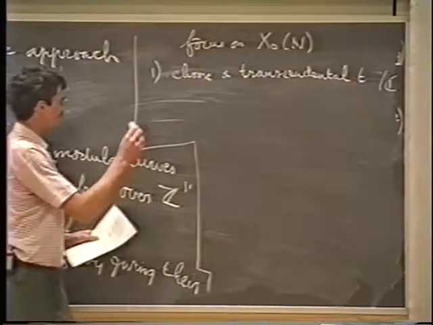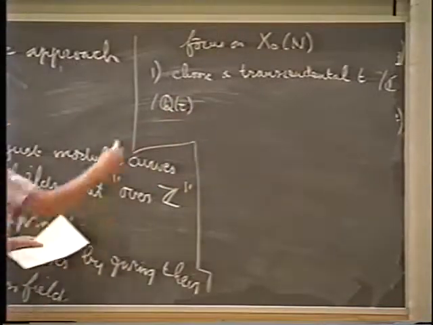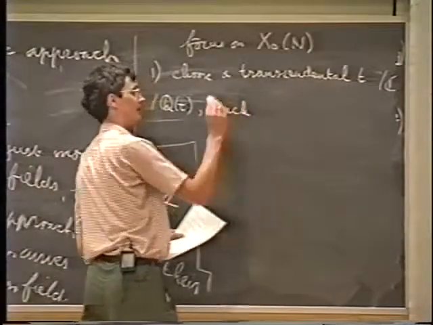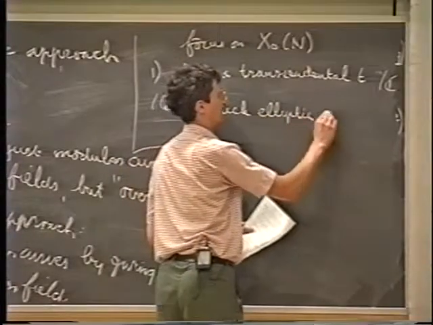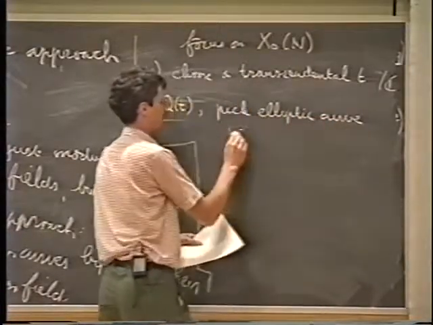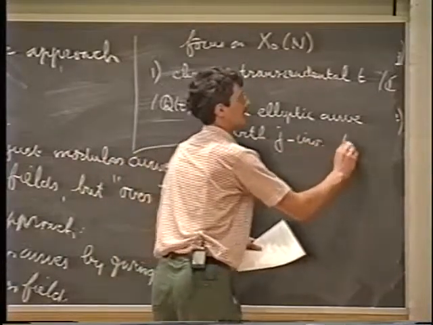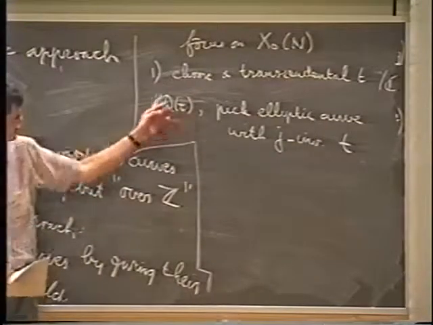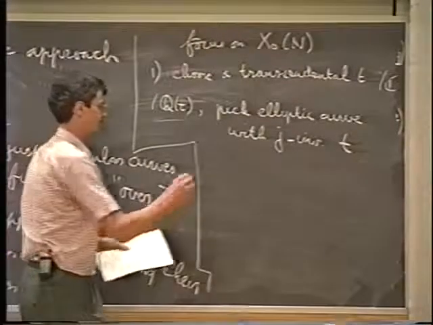And then what we do is, if I take this T and adjoin it to Q, you pick, just at random, an elliptic curve with j-invariant T. I mean, these things exist. If I get any number, and in this case I take the number T from this field, well, I wrote down some examples.